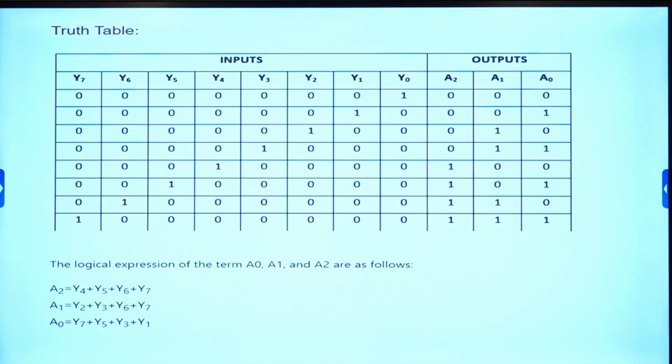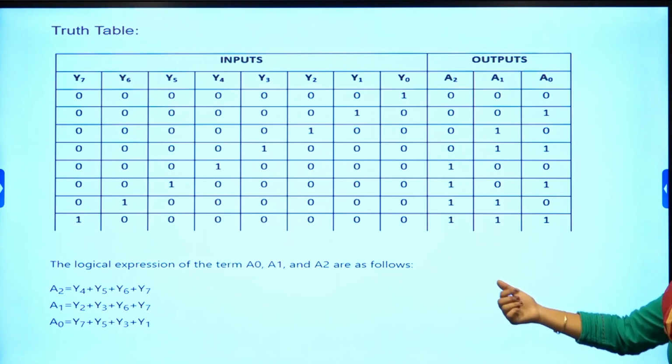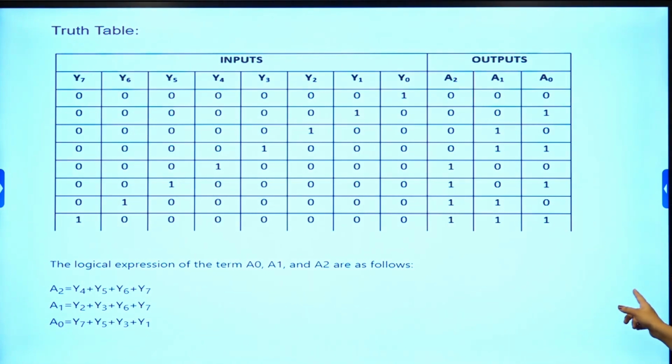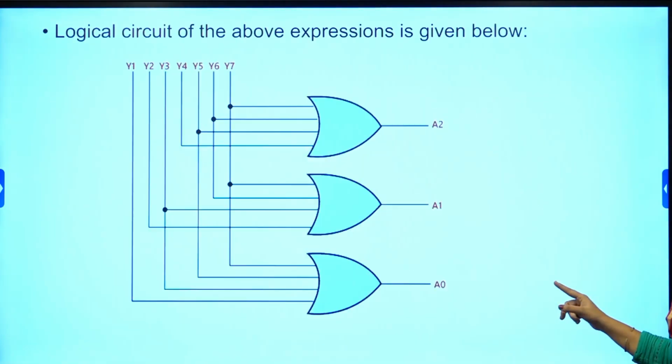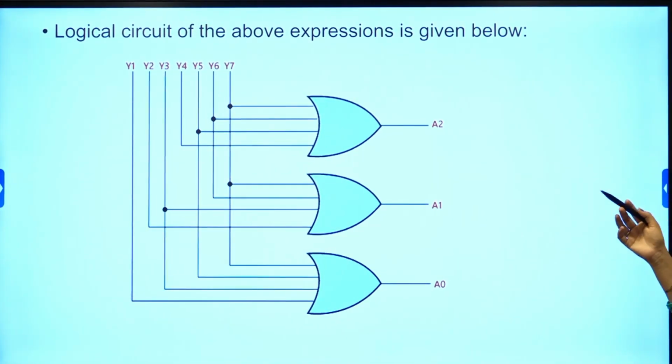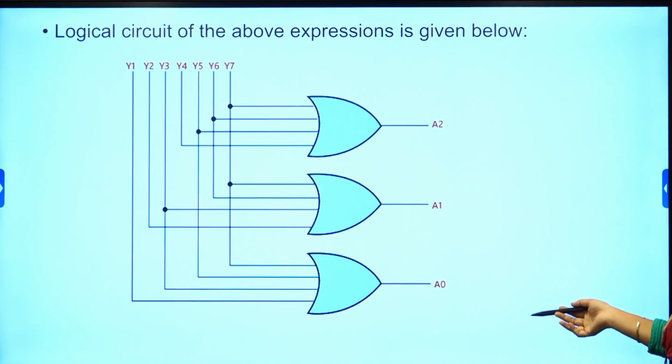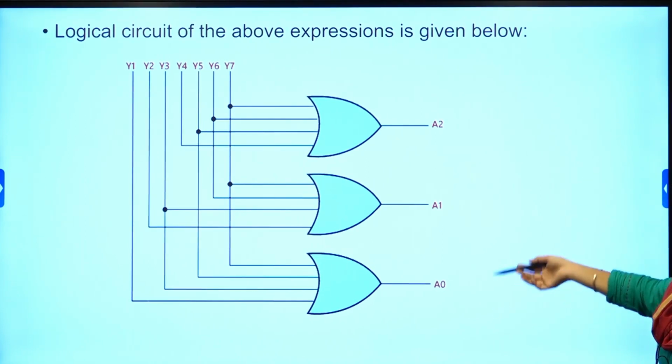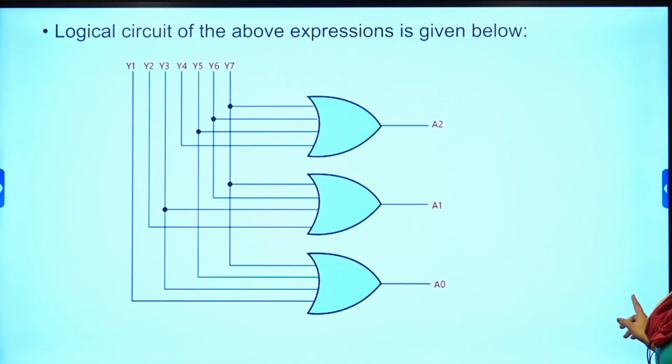And for Y7, it is 1 1 1. Depending upon how we generate these outputs, the logic expressions are given here in the truth table. From the truth table these are the logic expressions, and from the logic expressions we have constructed this logic circuit. For the inputs Y1 to Y7 we have these outputs A0, A1 and A2.